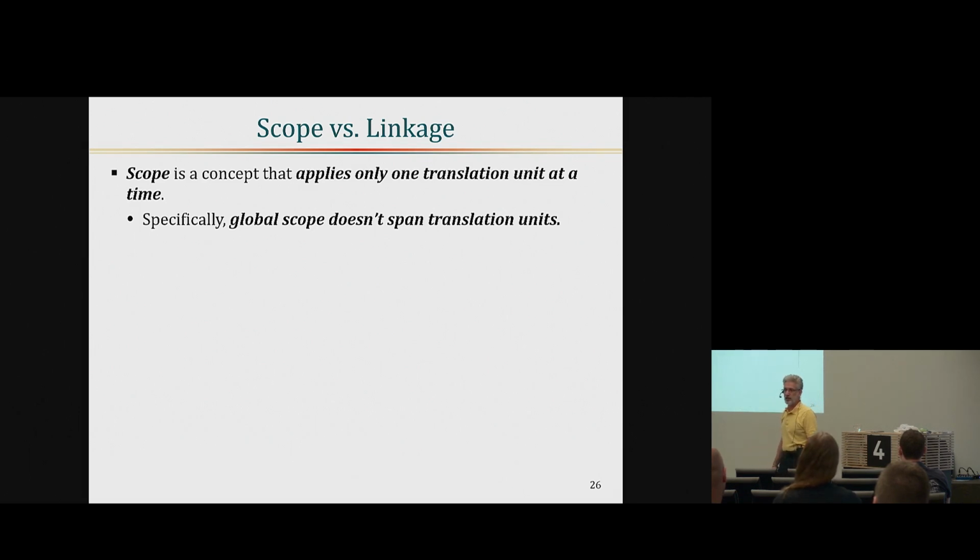That's the myth that I see in a lot of articles and online discussions about C and C++. They talk as if there is something beyond the scope of a single translation unit, and there isn't. Because a scope is just a region of text in a translation unit, in a source and a header file. That's all it is. There's nothing higher than that.